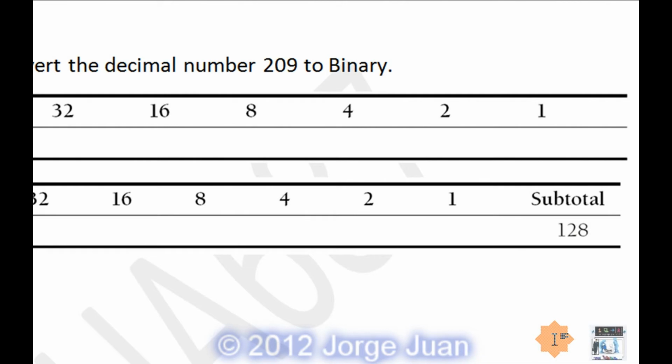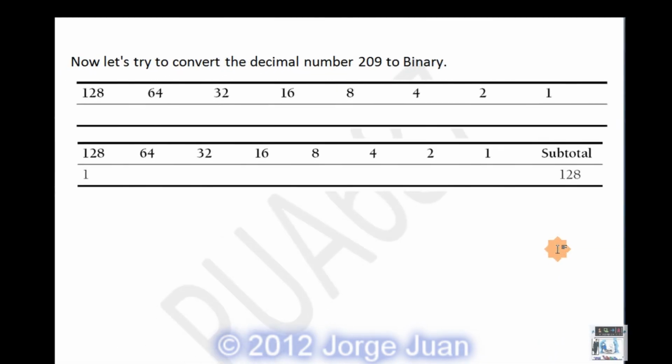Now the next question is, what's the next value after that? It's 64. If we put a 1 under 64, we would have to add the 128 to the 64. Now adding 128 and 64, is that greater than 209? 128 and 64 is 192, so the answer is not greater than 209. So we will place a 1 under the 64 value and add that number to 128.